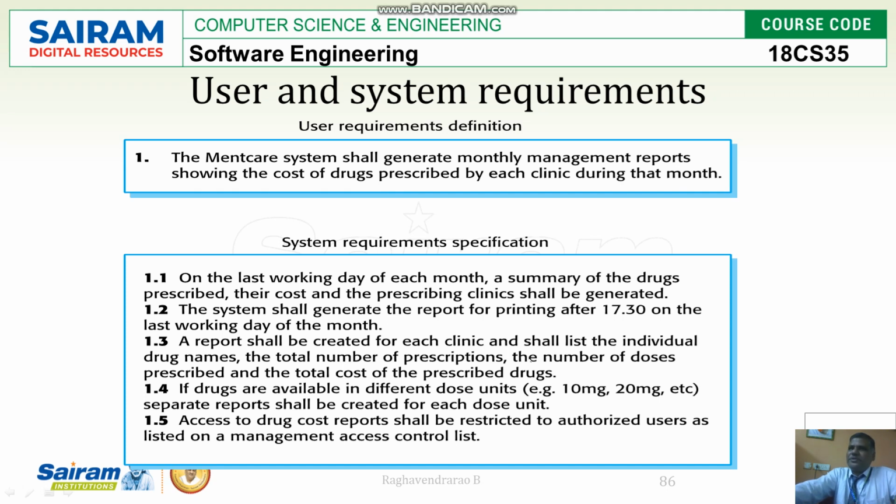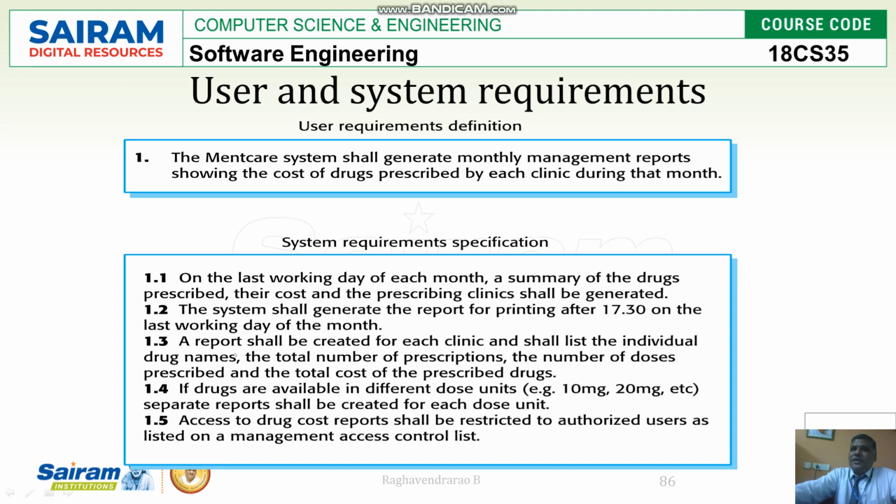What are the inputs for the system requirements? It says that on the last working day of each month, a summary of the drugs prescribed, their cost and the prescribing clinics shall be generated. The system shall generate a report for printing after 17:30, meaning 5:30 on the last working day of the month.